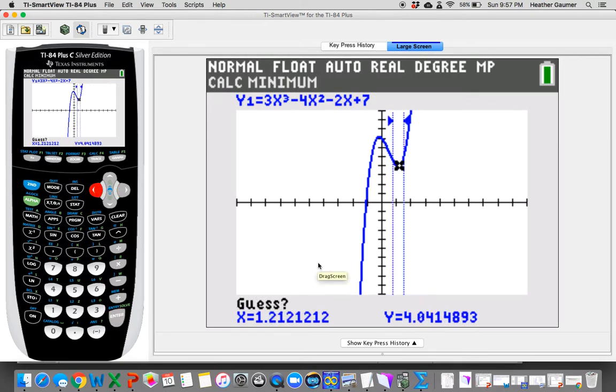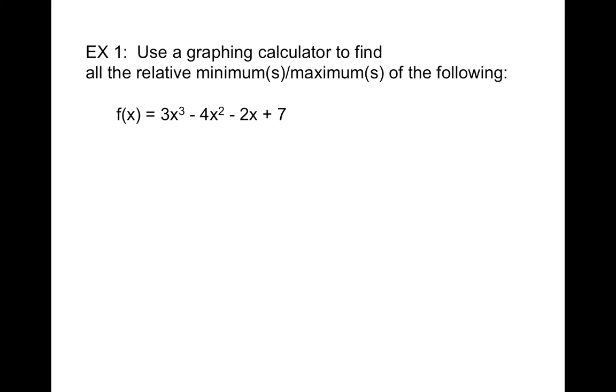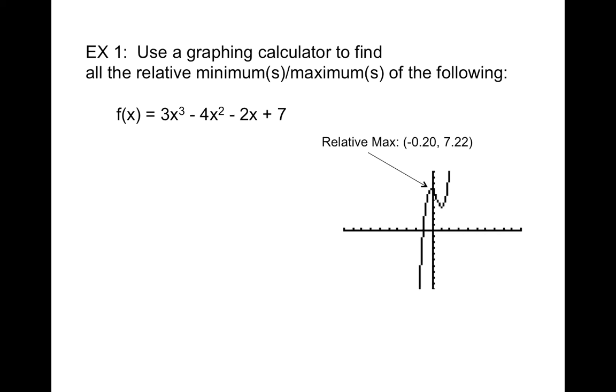I then move my cursor to where I think the lowest point is and hit enter. My minimum value is located at 1.09, 3.95. If I go back to my PowerPoint, which mimics the notes, you'll find that these are the 2 points that we just found.